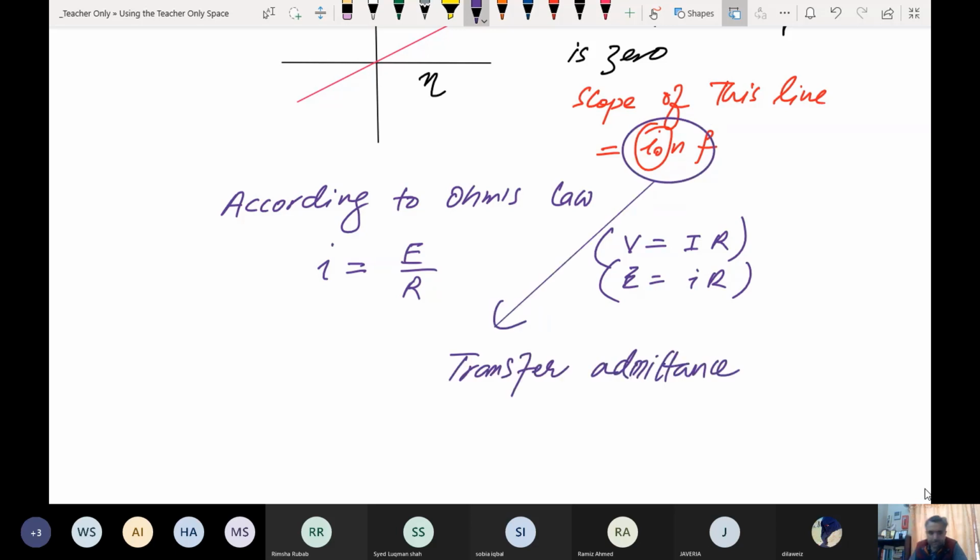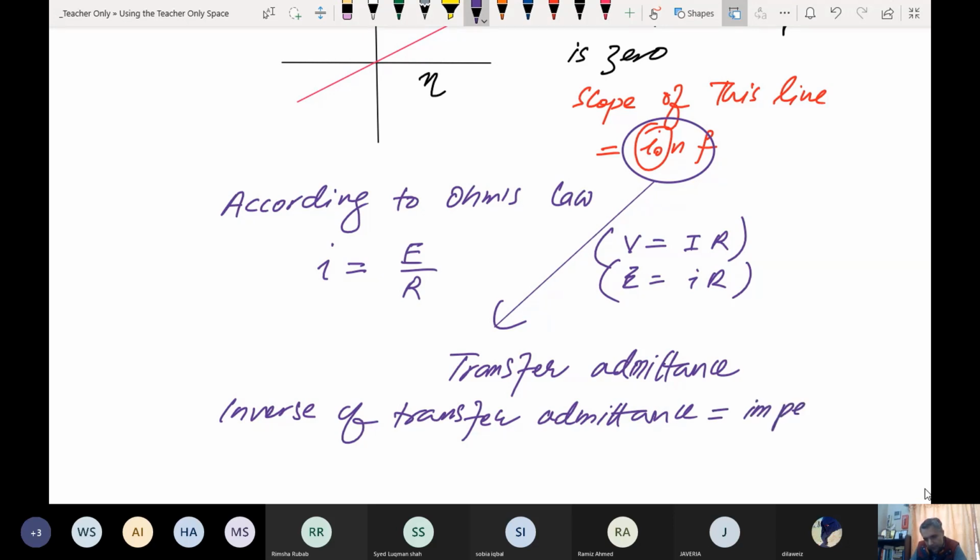And if you take the inverse of transfer admittance, then you get a very important parameter, which is called impedance. So here you have some very important concepts coming through. One is the transfer admittance, the other is the impedance, and this impedance is also sometimes termed the Faradaic resistance.